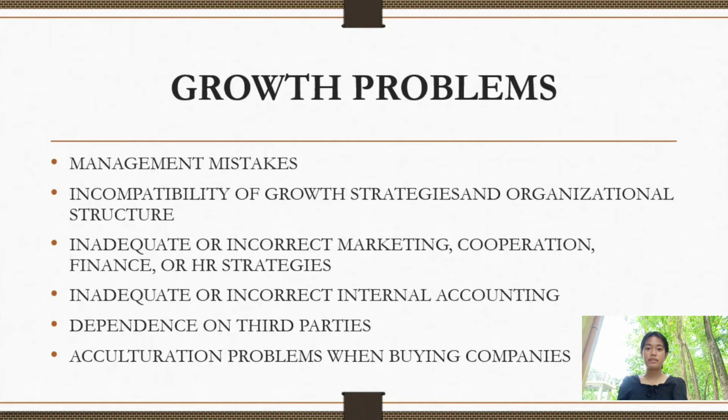So, number 2 is incompatibility of growth strategies and organizational structures. The growth of a startup must be planned and supported by one or more of the above mentioned strategies. It is a significant growth mistake to do without planning and strategic development.